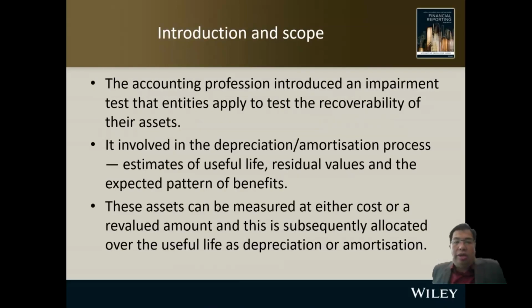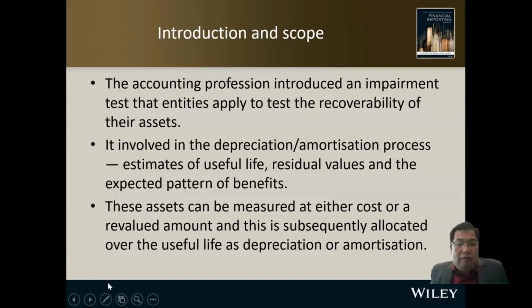As an introduction, the accounting profession, the professional body, introduced an impairment test that entities apply to test the recoverability of their assets. We have recorded our assets, our PPE, at a certain value, the carrying amount, and the next step is we're going to test whether the recoverable amount is greater or lower than the carrying amount.